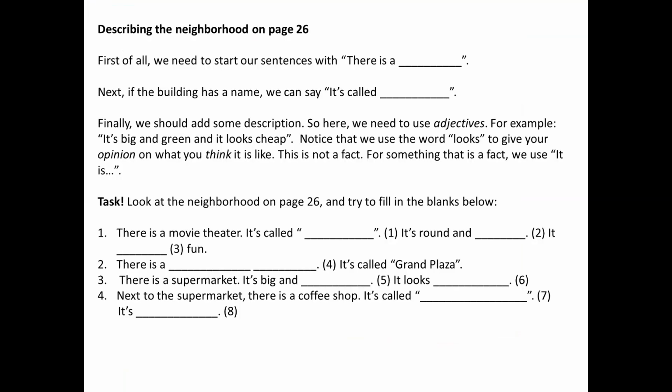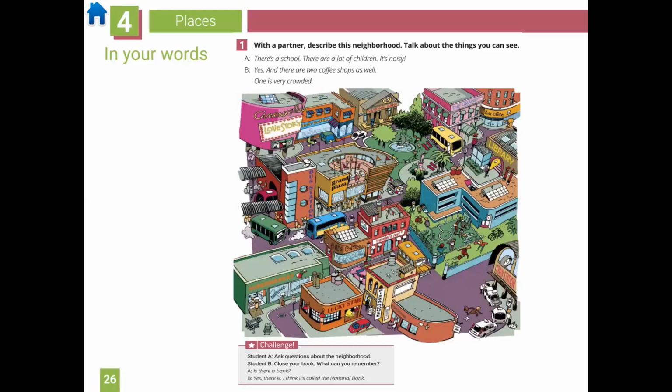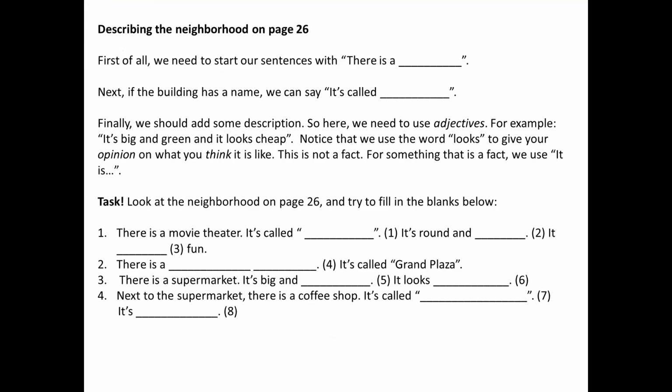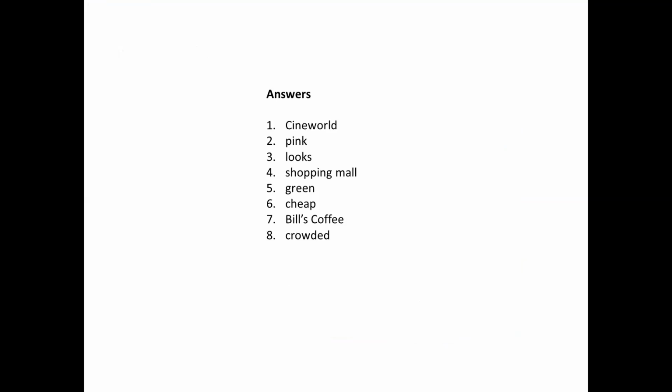And it's, what adjective is good to describe Bill's Coffee? Well, there are a lot of people inside. So a good adjective to use here is crowded. It's crowded, C-R-O-W-D-E-D. It's crowded, or busy. You can say busy. So those are the answers.